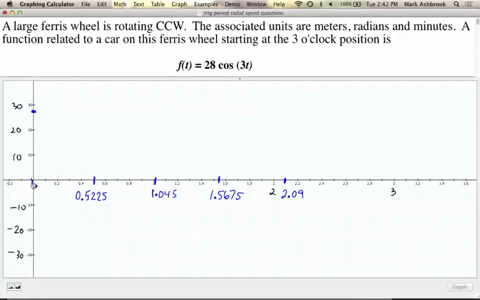And then a quarter of a period later, where will we be? Top of the circle, 0. Then the next quarter cycle, the horizontal position will go from 0 to what? Negative 28.